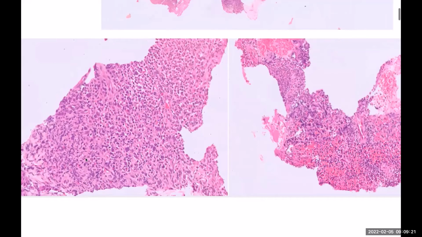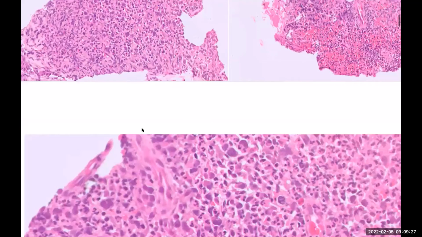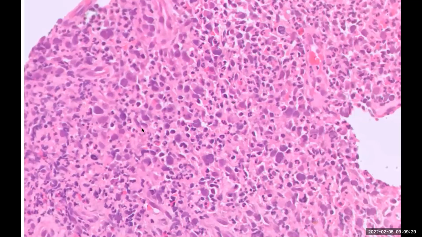You can make out here, I don't have a pointer right now, that there are some large cells. There's a mixed population: some are small cells, some are large cells. Okay, next slide.